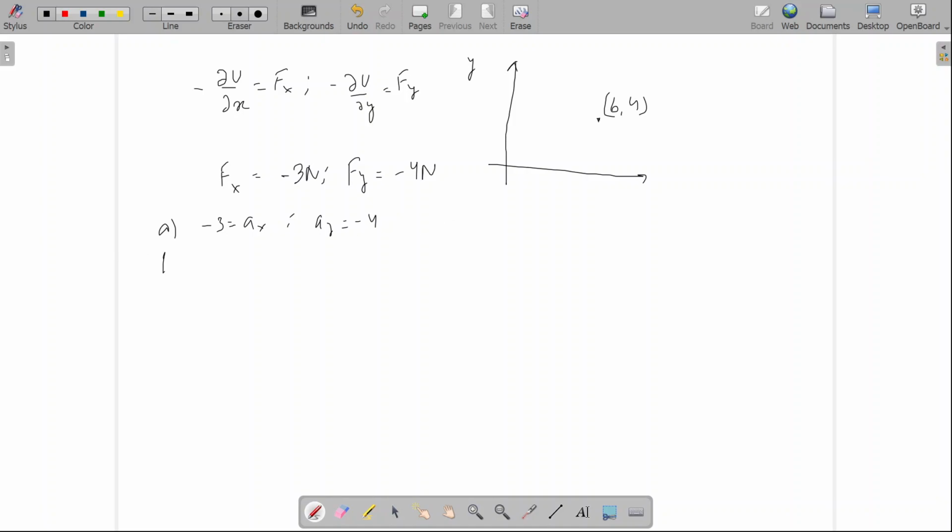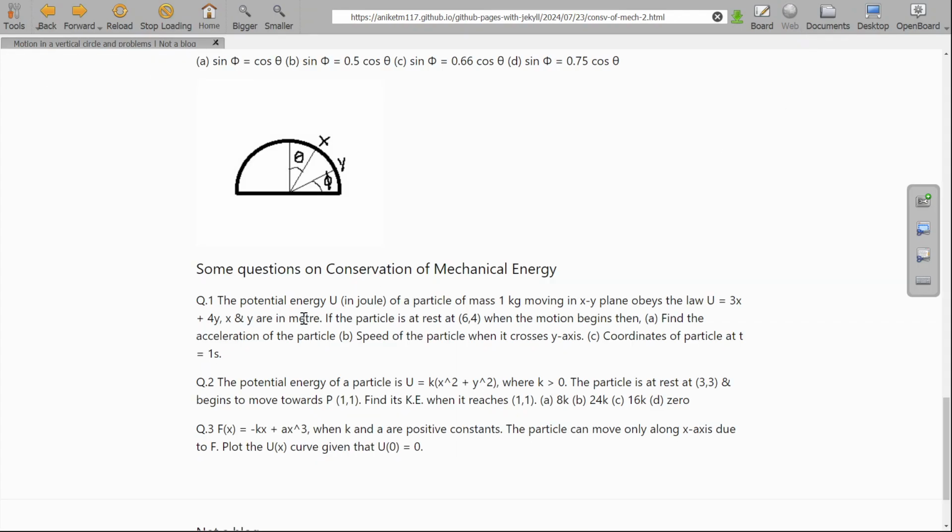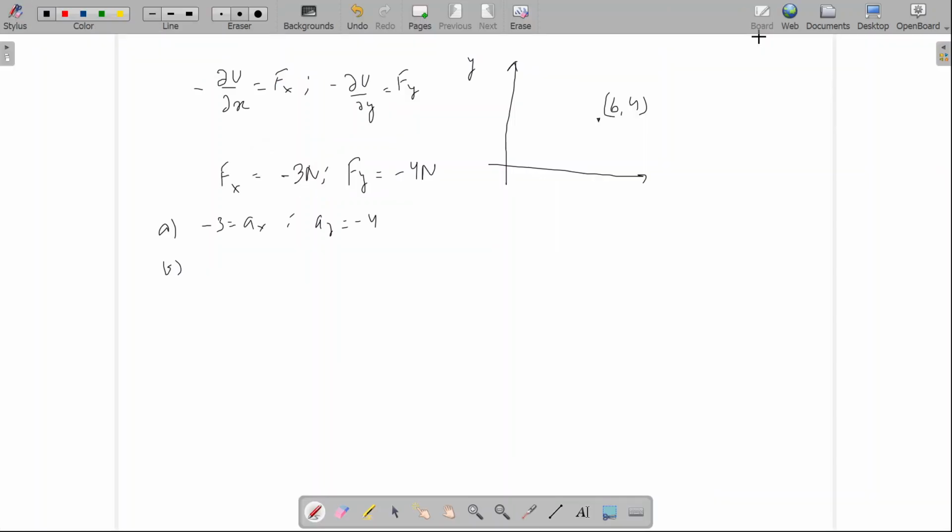So next, what is the speed of the particle as it crosses the y-axis, not the origin? As it crosses the y-axis, can we find the coordinates of the particle?